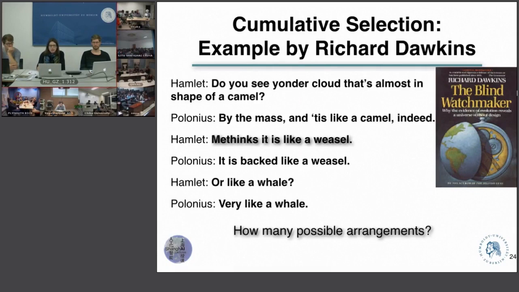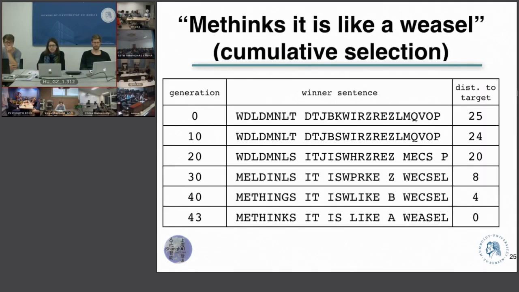Okay, so how can we put that into a genetic algorithm or evolutionary algorithm? We take cumulative selection here, create a generation of basically agents, switching from monkeys to agents, who type a random sequence of characters with that length.